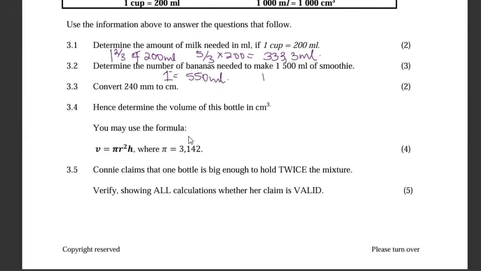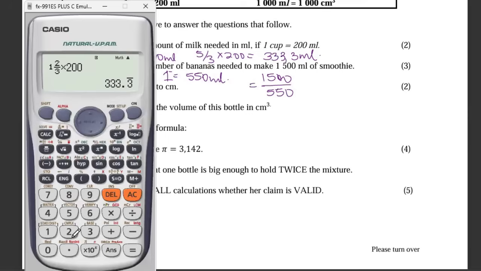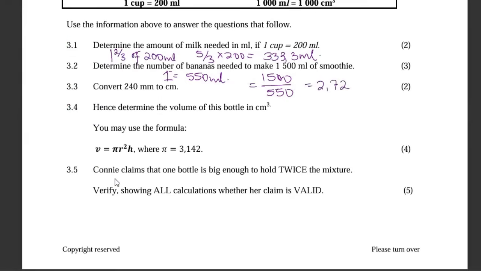So meaning we're going to get this 1,000 divided by 550. So 1.82. Remember these are bananas, so we can't have part of a banana. So we shall say there are 2 bananas that are needed.